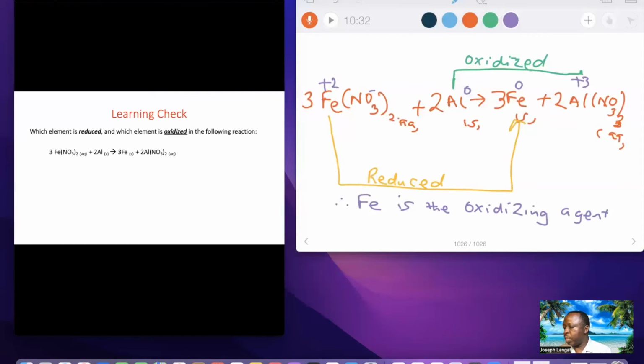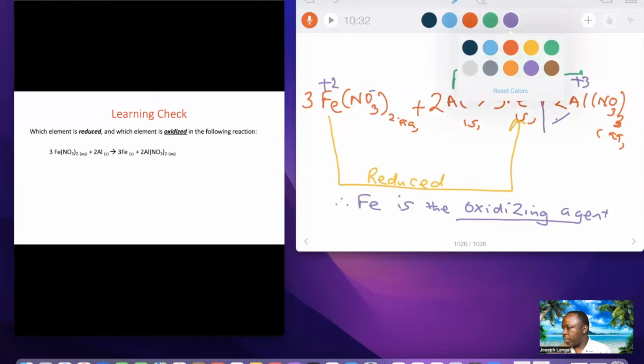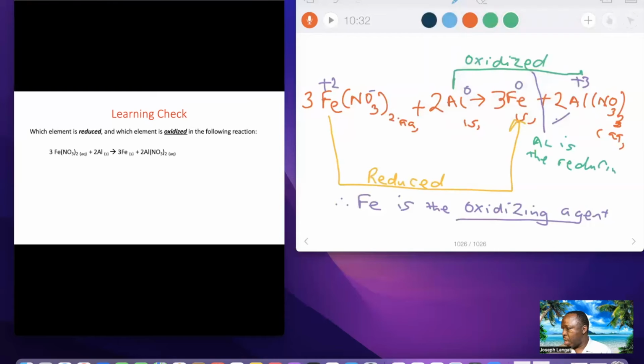What is being reduced is the oxidizing agent. What is being oxidized, so this is right here, iron or aluminum, Al is the reducing agent.